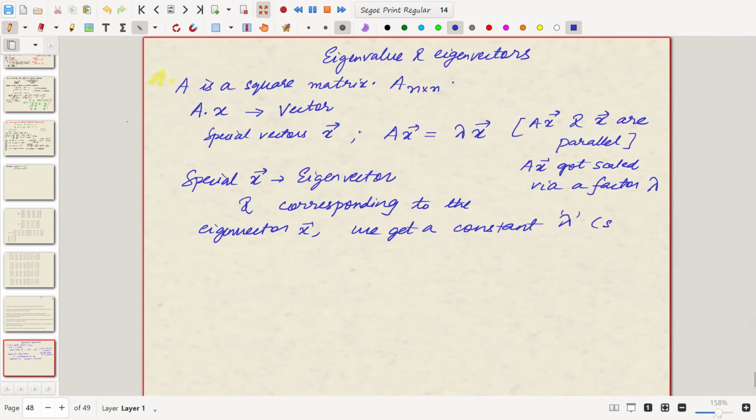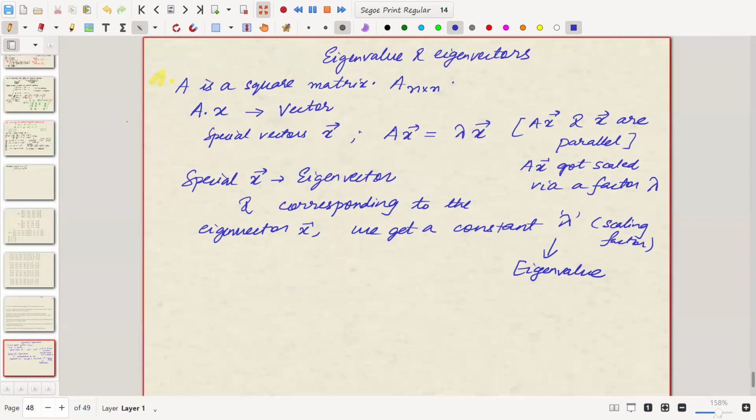That is a scaling factor, and this is the German word they have assigned to the scaling factor. This is what they call eigenvalue. All right. Fine with you, right?